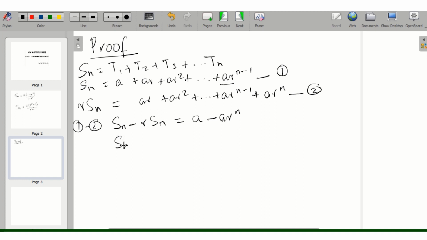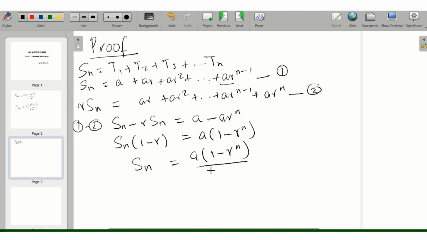You can take out Sn as your common factor, you have 1 minus r. And then on this side, you can take out a as your common factor, and you have 1 minus r to the n. Divide by 1 minus r on both sides. Sn will be a into 1 minus r to the n all over 1 minus r. So that will be the first formula.